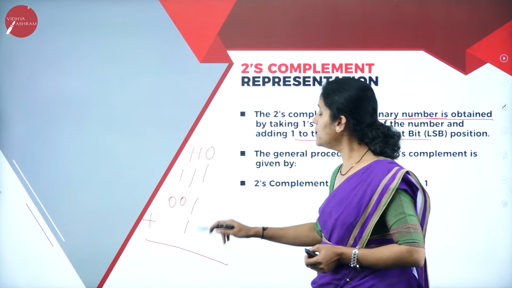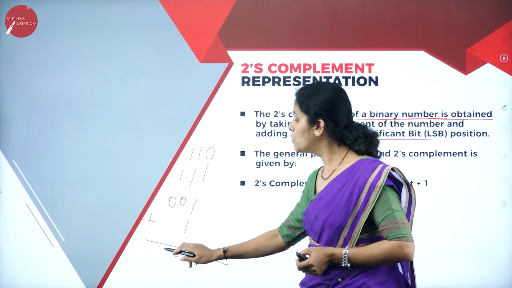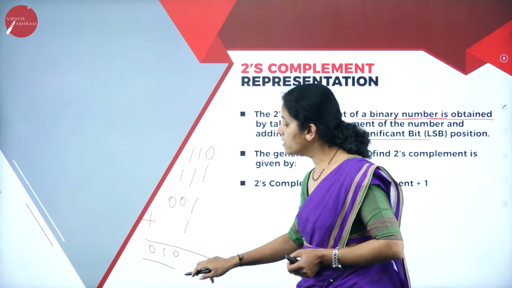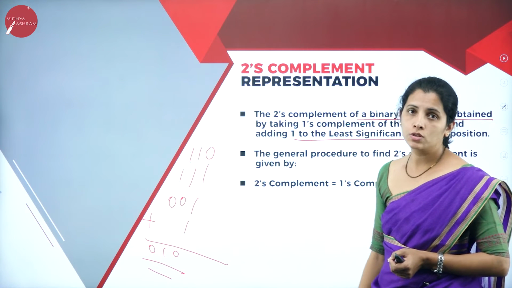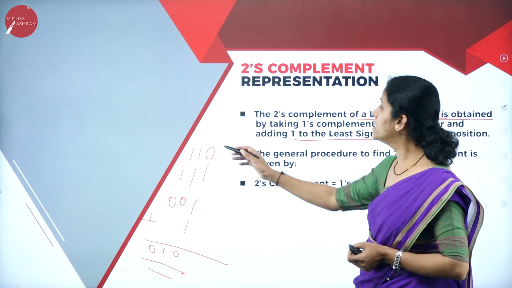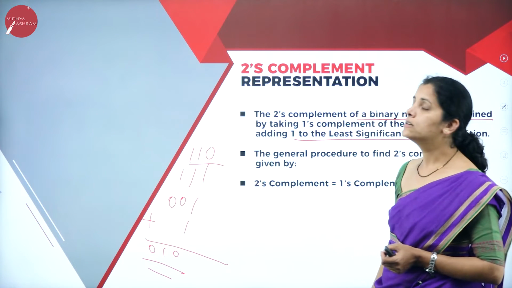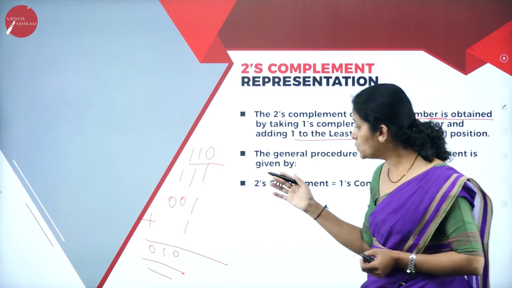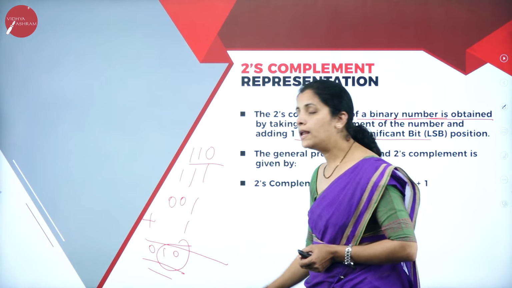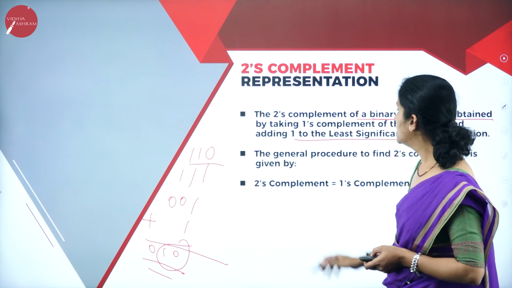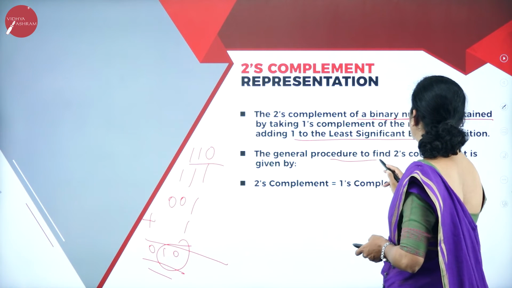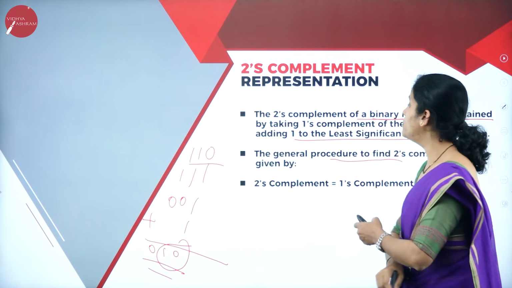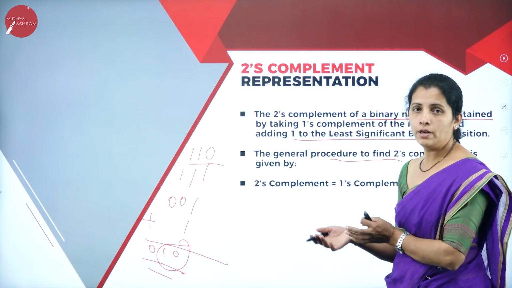So, 1 plus 1, 0, 1 carry. Okay, this is the 2's complement of a given number. Here the given number is 6. After performing 2's complement, what's the value? It is 2.